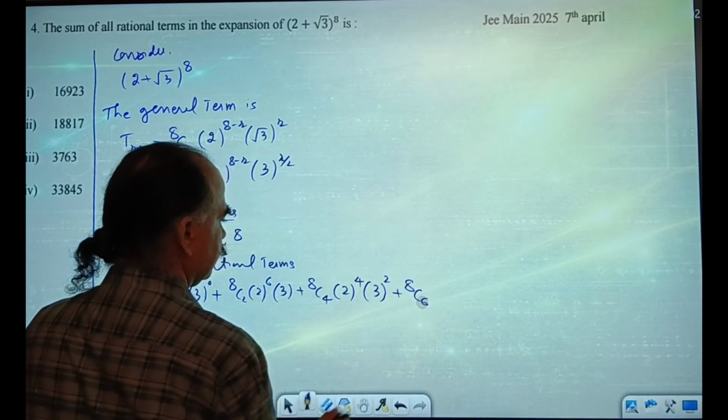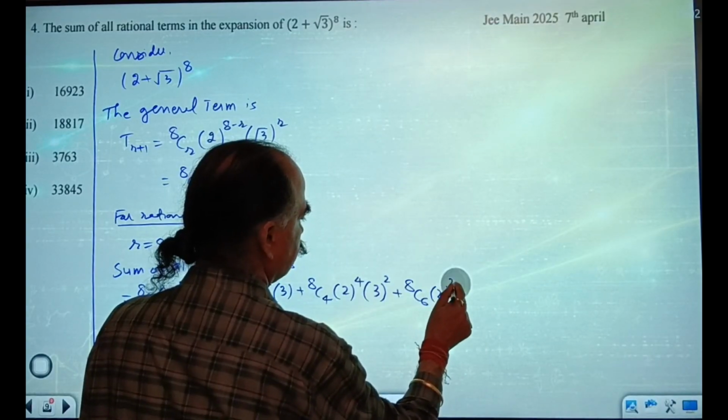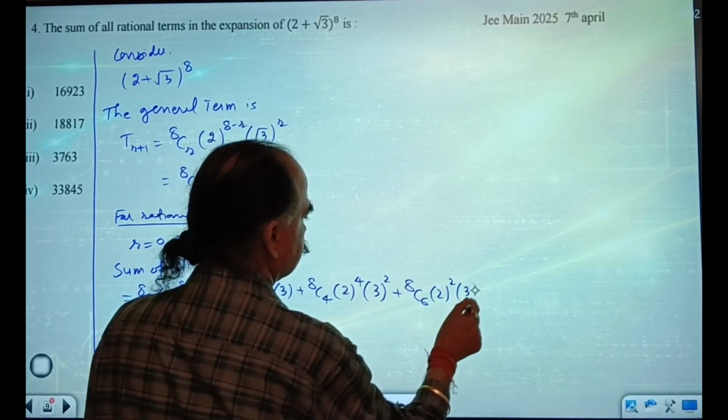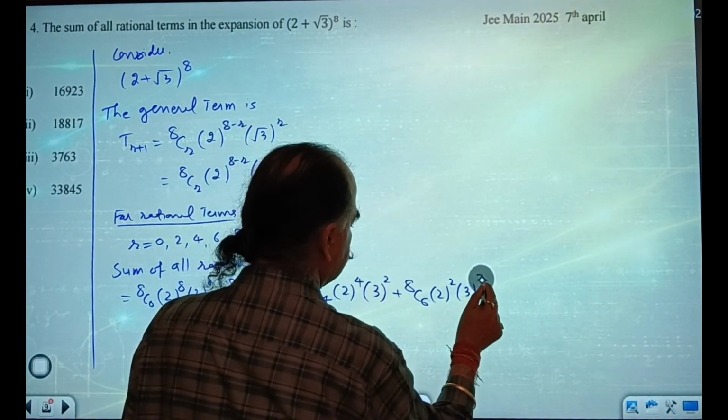Plus 8C6 2^(8-6), that is 2^2, and 3^(6/2), that is 3^3.